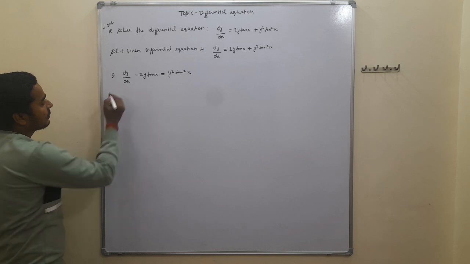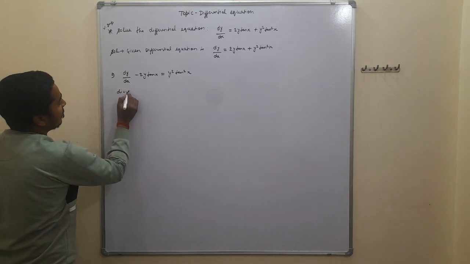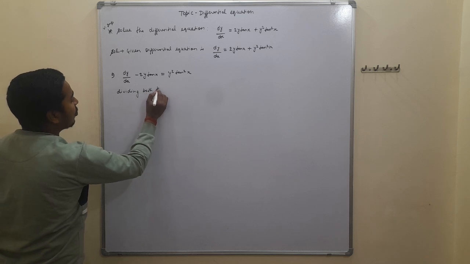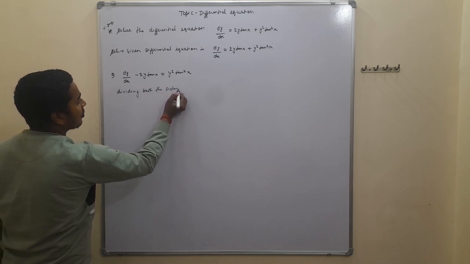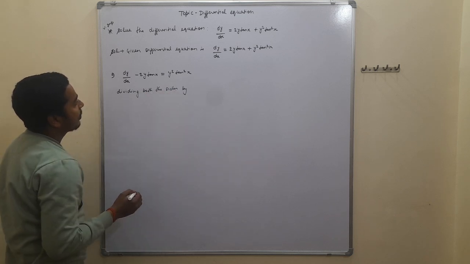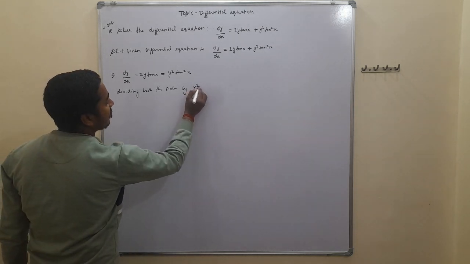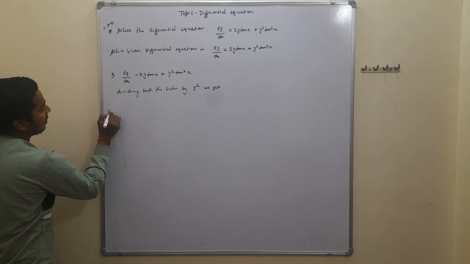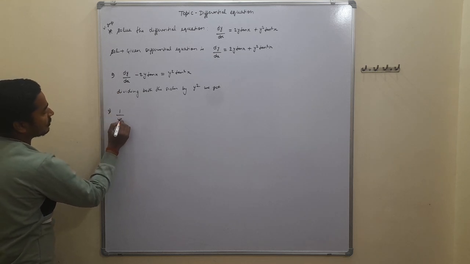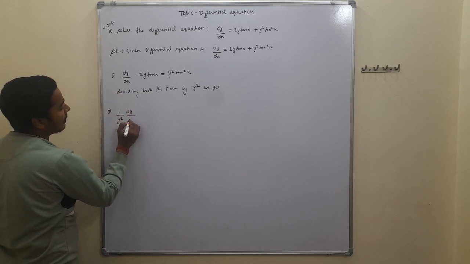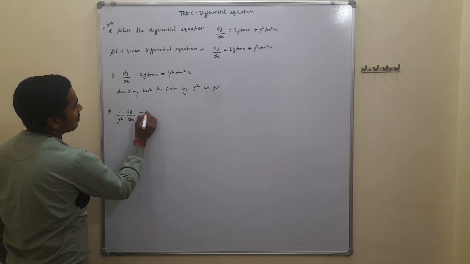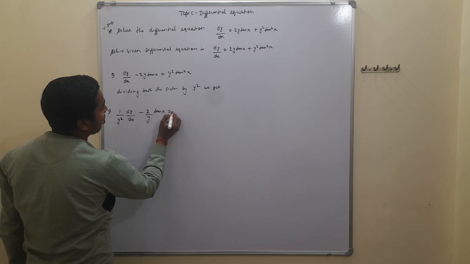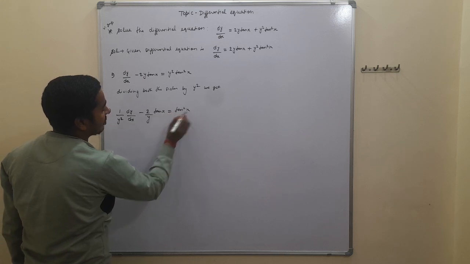Dividing both sides by y², we get (1/y²) dy/dx − (2/y) tan x = tan² x.